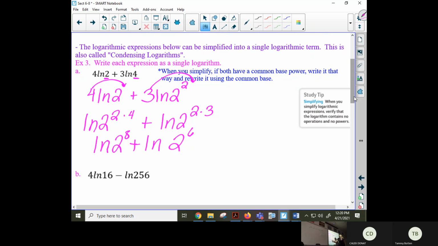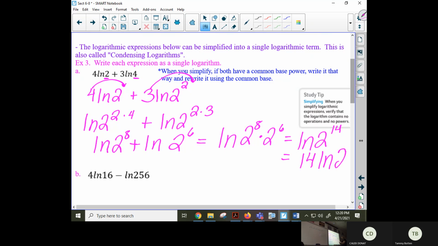Okay, now when you try to get rid of an addition with logs, you undo that by multiplying this and this. So we have natural log of 2 to the 8th times 2 to the 6th. Now this goes back to our rules of exponents. What happens when you have 2 to the 8th times 2 to the 6th? You add the powers. So it'd be natural log of 2 to the 14th, and our answer is going to be 14 natural log of 2.